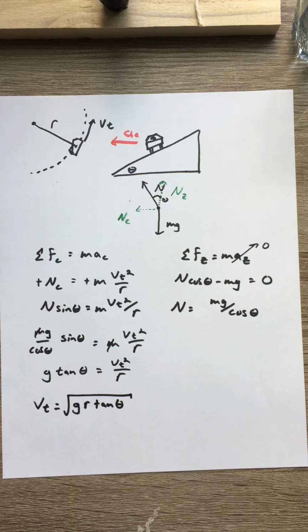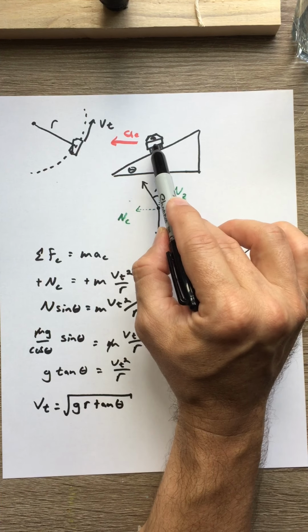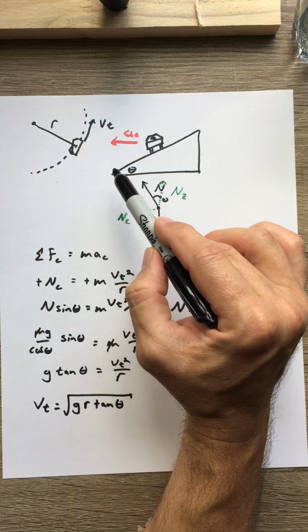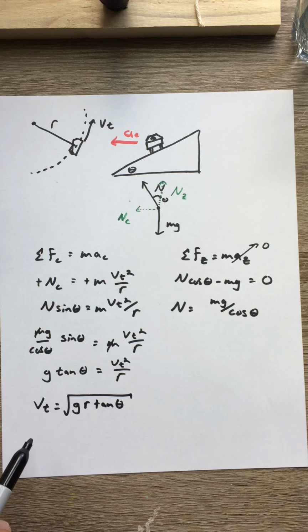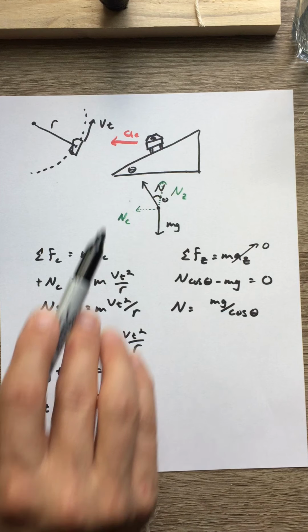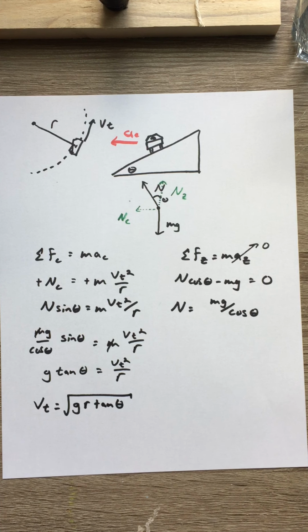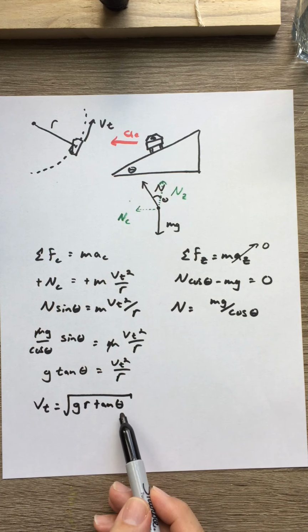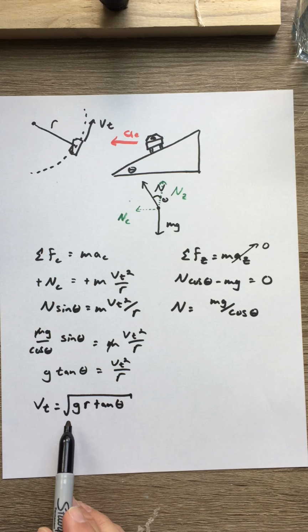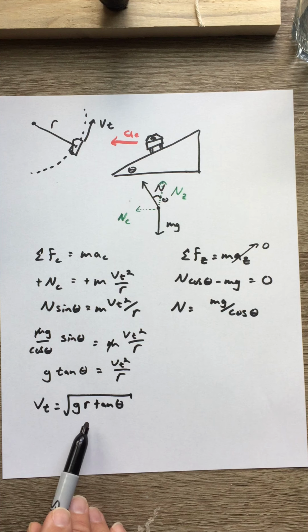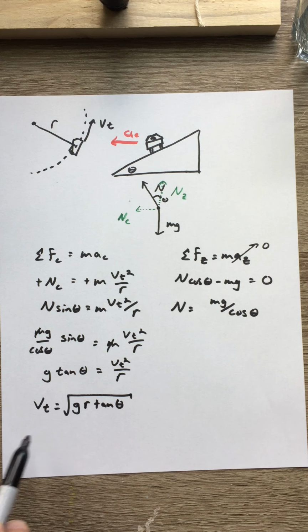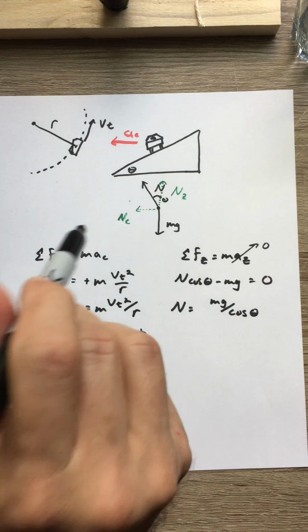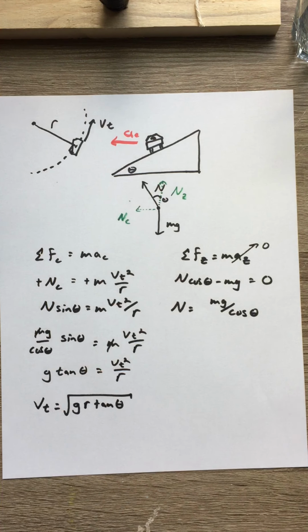So the assumption we made was that this car was not moving up the ramp or down the ramp. This is the specific velocity for which that is the case. On a bank of angle theta, at or near the surface of the earth, so we can use little g, and going around a curve with radius of curvature r, this is the specific tangential velocity at which I just turn without any effort on my part.